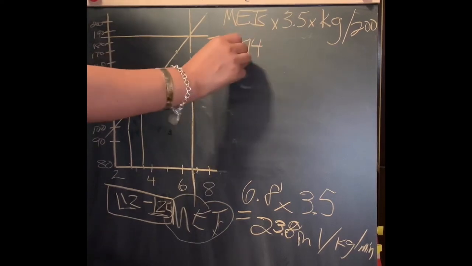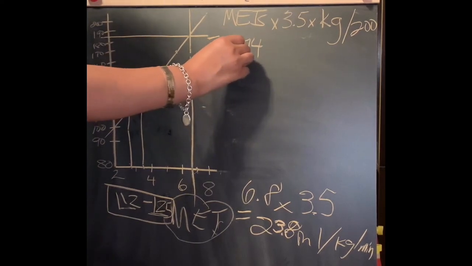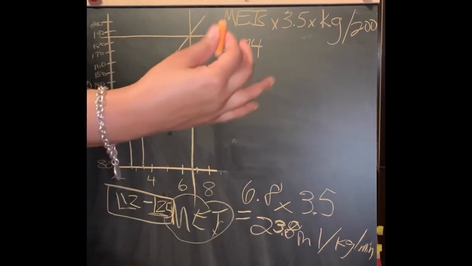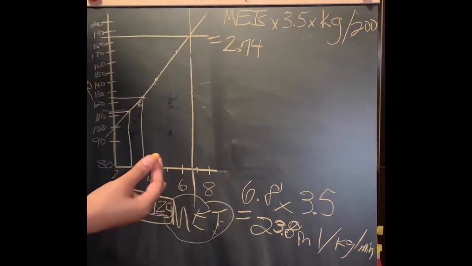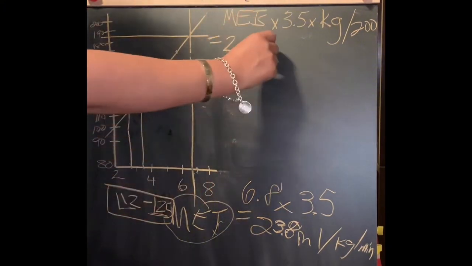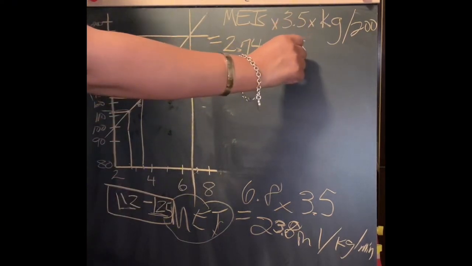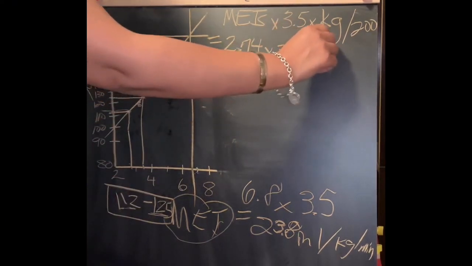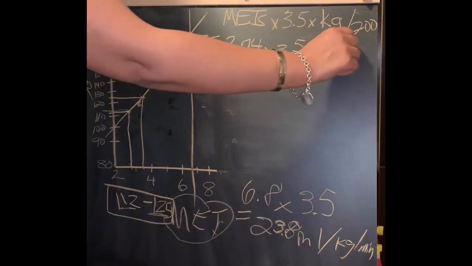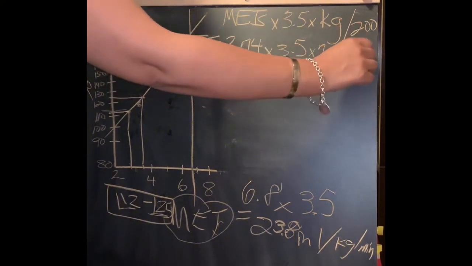All right, so you had to do that very first calculation correct in order to get the following calculations correct. So we got 2.74 times 3.5 times his body weight in kilograms, which is 79.5, and divide that all by 200.